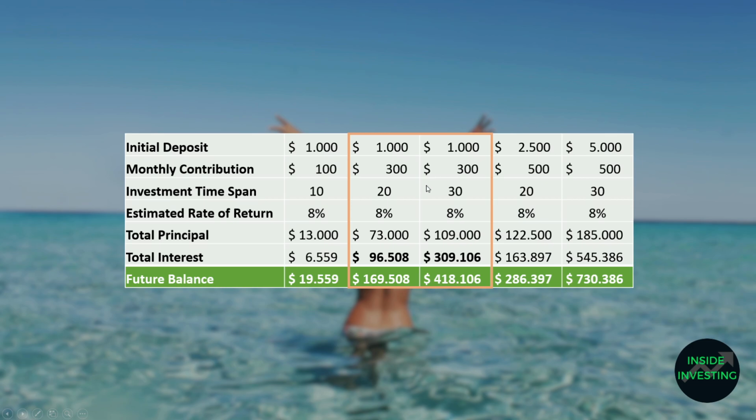If you start today, then you at least have a few extra years in the pocket, and you can be in the market for a longer period. And right here you can see the very significant difference in your bank account eventually, because instead of $96,500, it's going to be $309,000. So that's a lot more money to be made.